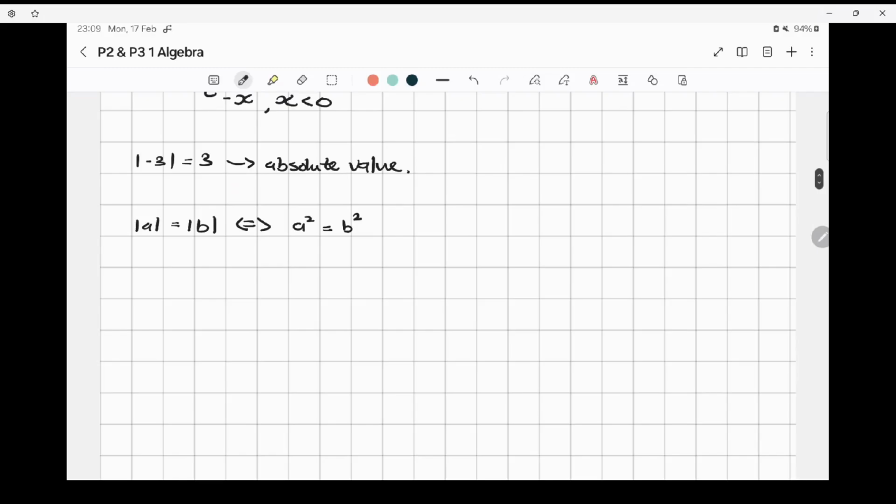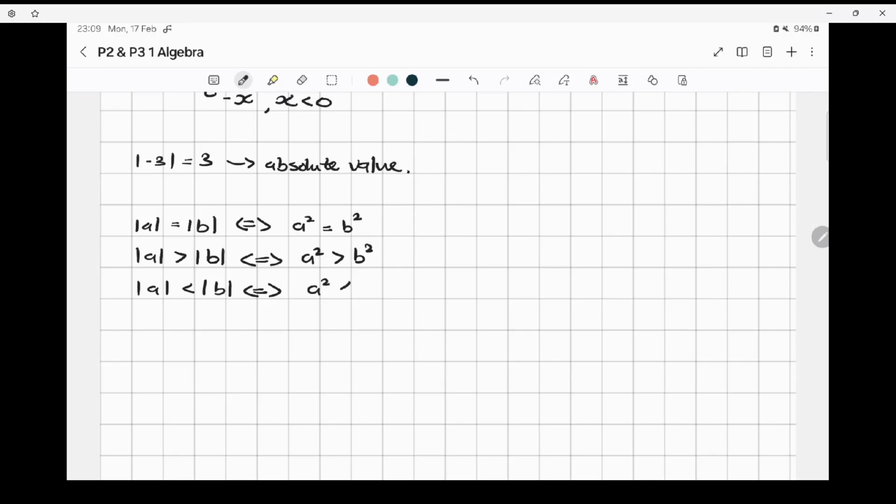The second property is that if the modulus of A is greater than the modulus of B, then it does mean that A squared is greater than B squared. However, if you have modulus of A smaller than the modulus of B, it doesn't necessarily mean that A squared is smaller than B squared.